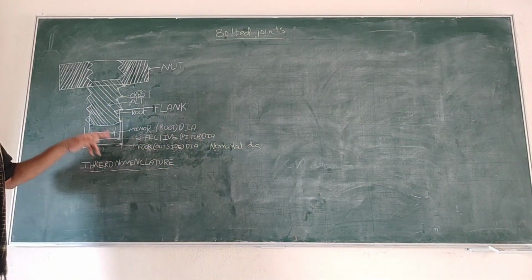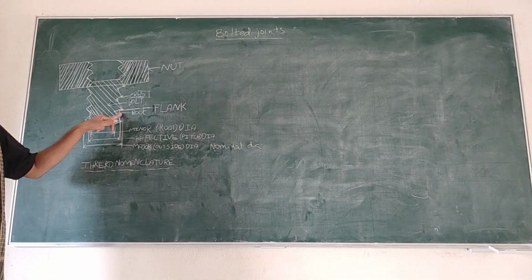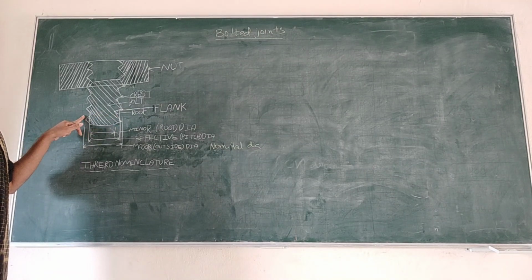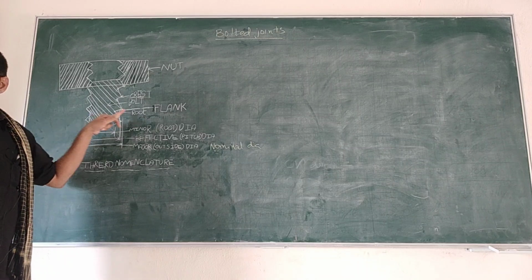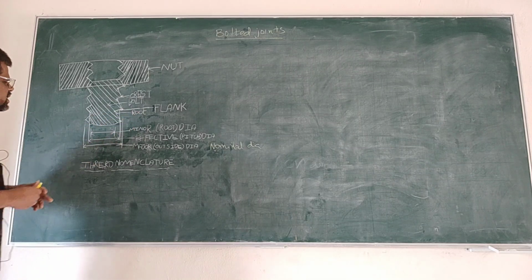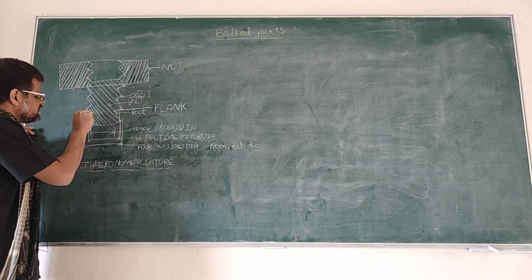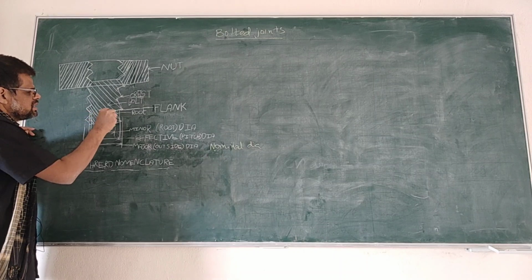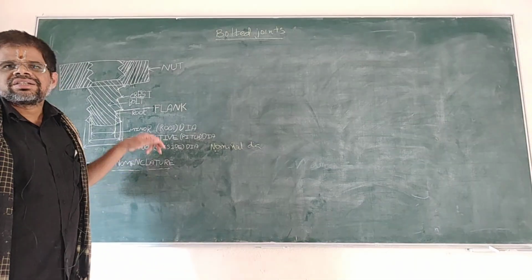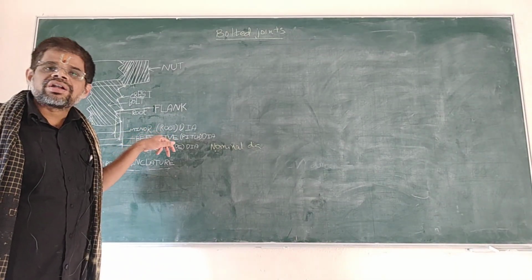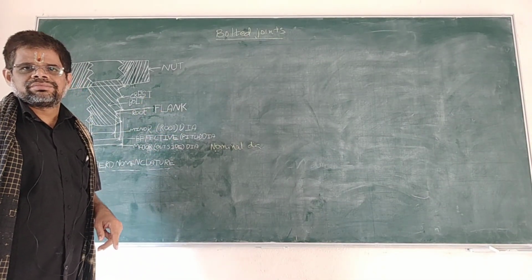Similarly, if you measure the distance between two roots, one root on one side and another root on the other side, then this distance is called the minor diameter or root diameter. Okay?